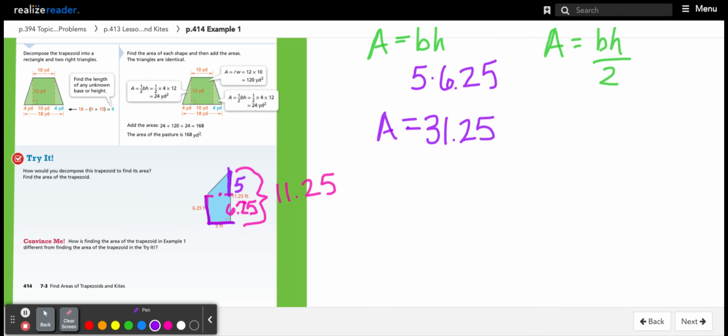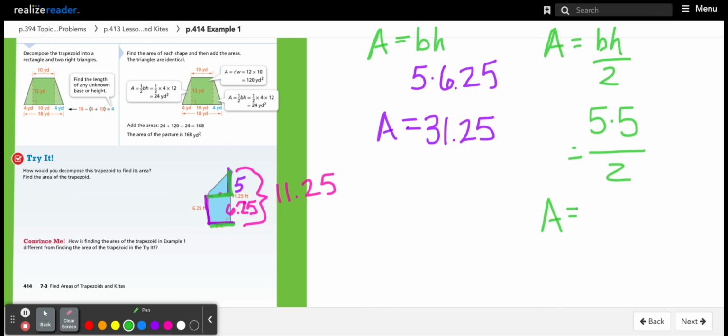Now let's plug in my information for the triangle. Again, my base, look, if this is 5, then that means that this is 5. So my base is 5. My height is 5 divided by 2. Well, 5 times 5 is 25 divided by 2.